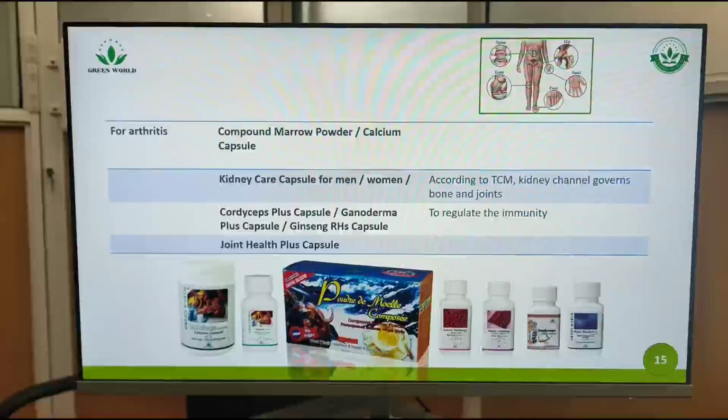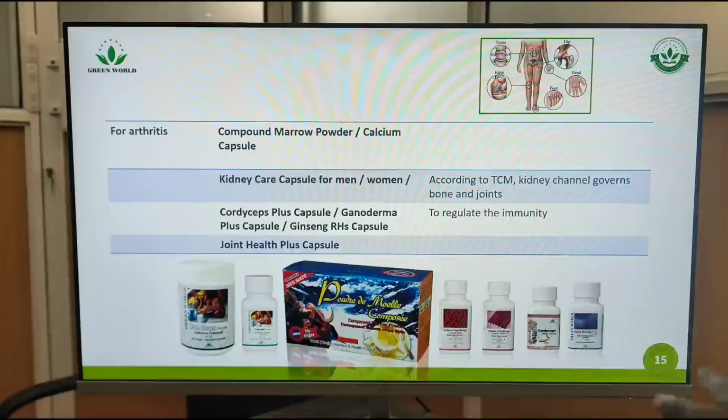All these, the ones that I'm showing, you can see them, are very helpful to regulate the immunity. Remember, we have said osteoarthritis is caused because of a low immune system. So we recommend this one so that they can boost the immune system. Then we also add a joint health plus capsule, which is absolutely good and suitable for people with arthritis.